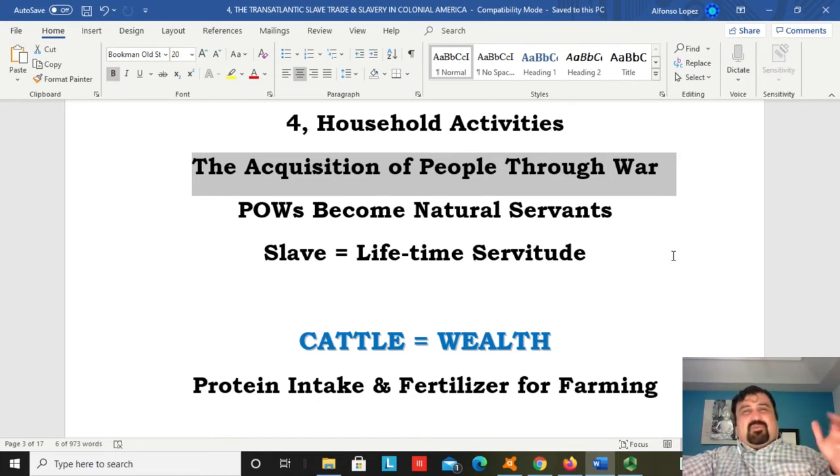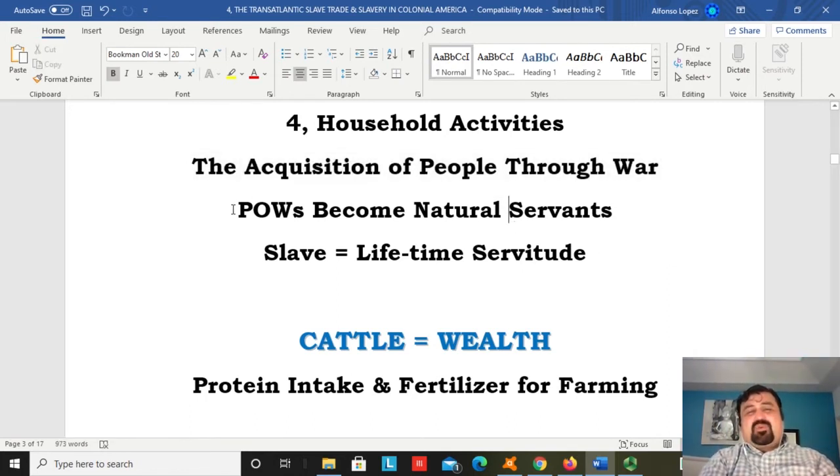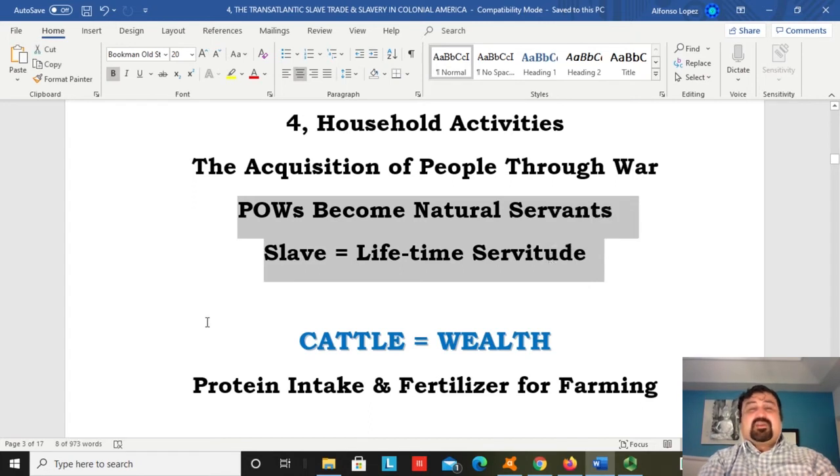In other words, you force adopt them because you're bringing them to live with you, so the chief can compensate for the loss of the population that the chief experienced. And so he's bringing more people into the community, and they're going to be servants. And the idea is that they're only going to be servants for that particular lifetime. So you're going to serve the community for your entire lifetime, but you're going to be protected here in the community.